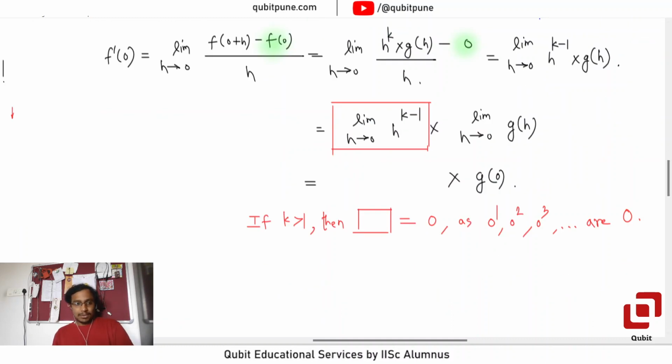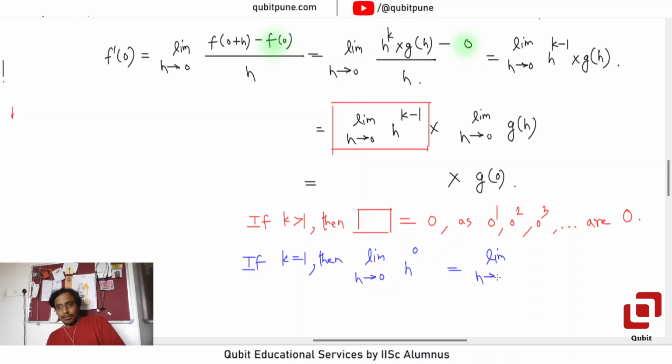But what about k equal to 1? If k equals 1, then what will we get? Limit h tends to 0, we'll get something like h raised to 0, right? And h raised to 0 is how much?